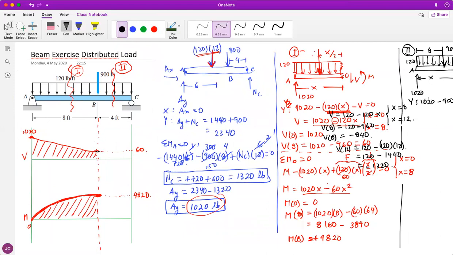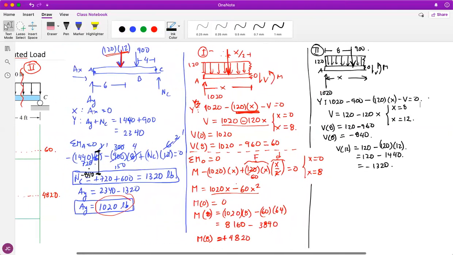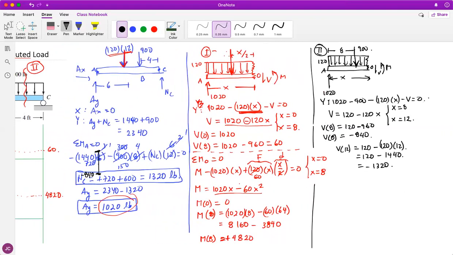Okay, so I'm here at 60, but then something pushes me down till minus 840. This is what I have at 8, V equals 8 for this section 2. And then something happens. What happens? Well, let's just see. Let's just put it over there and see this equation.